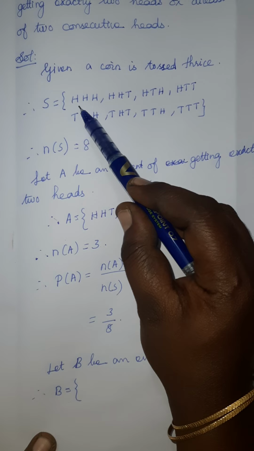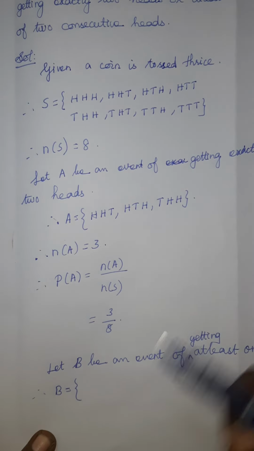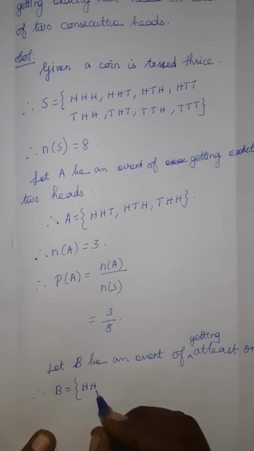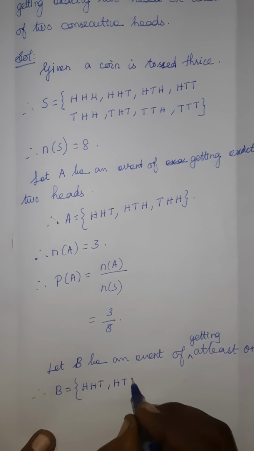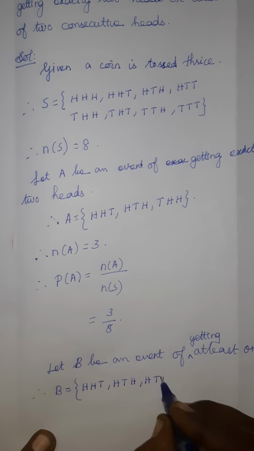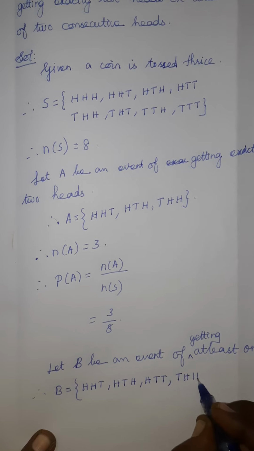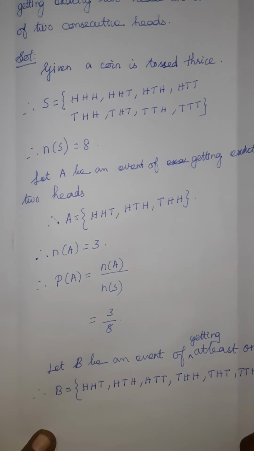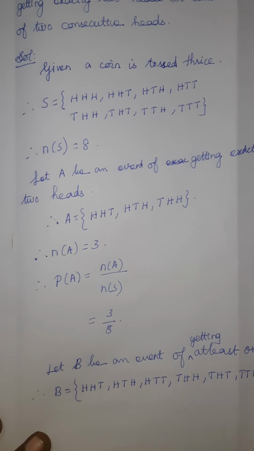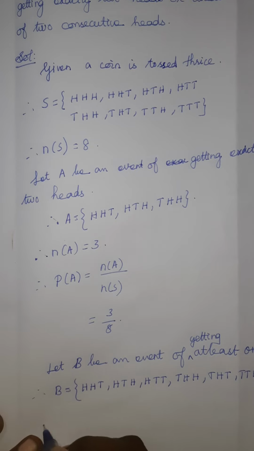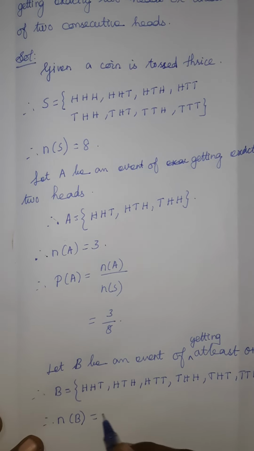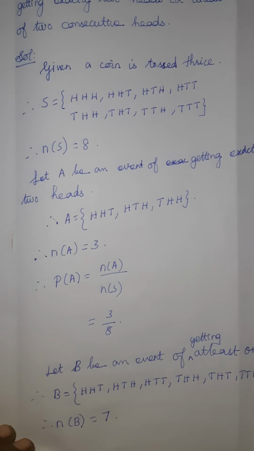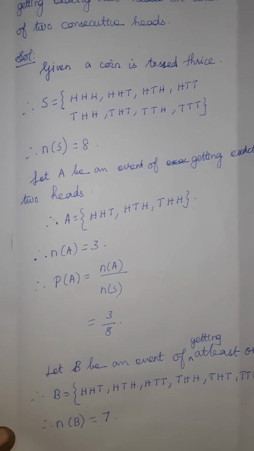Except the first element HHH, the remaining all you can choose: HHT, HTH, HTT, THH, THT, TTH, TTT. Minimum one tail is there in everyone. Therefore, n of B is equal to 7. So we can find out P of B using the formula.